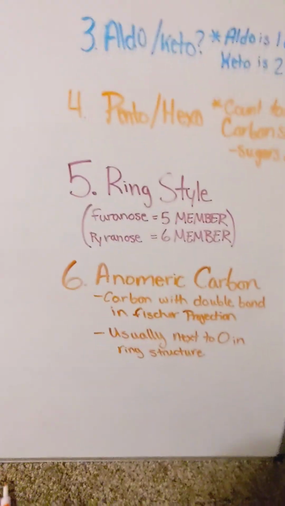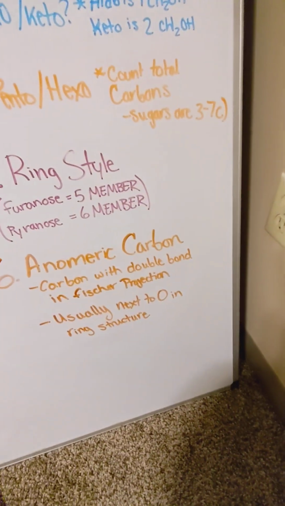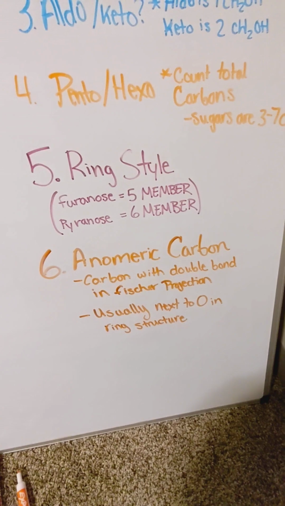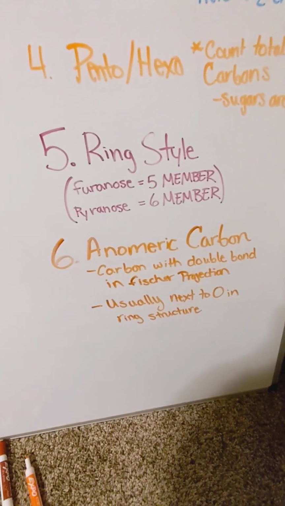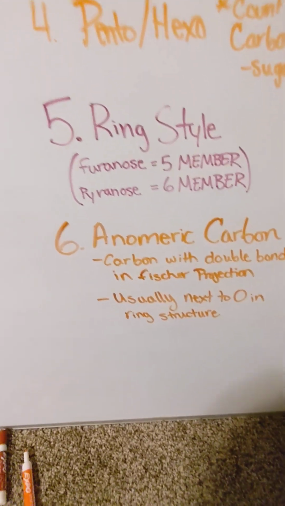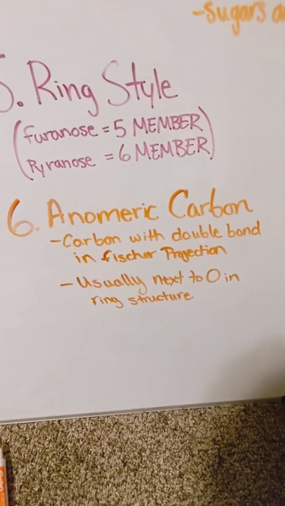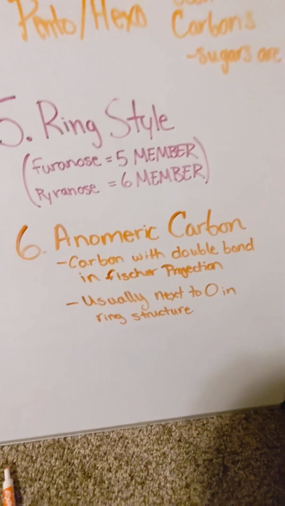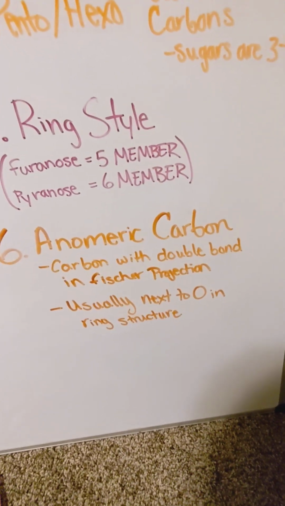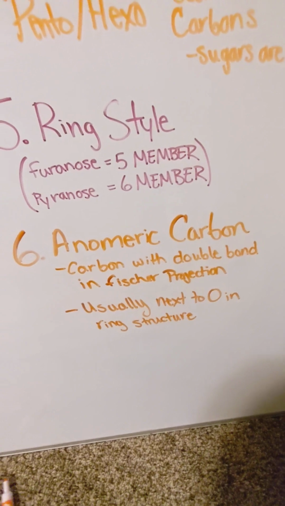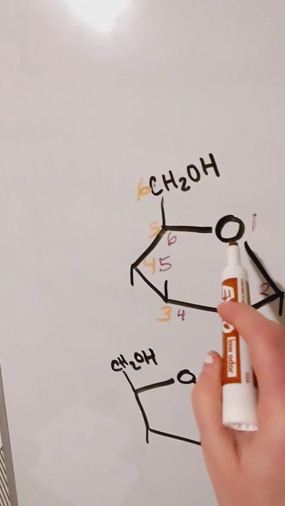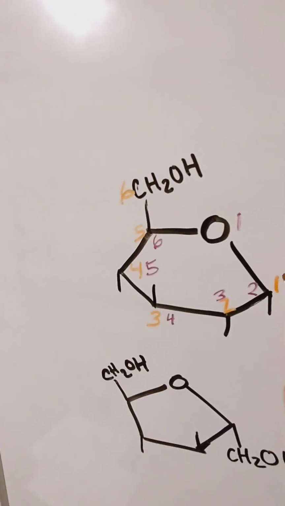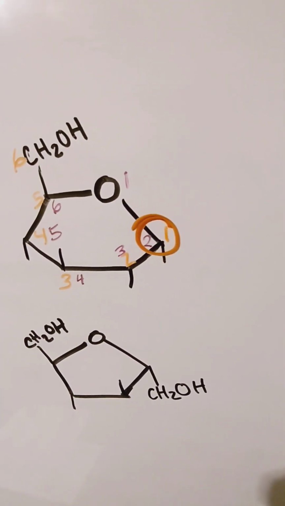Our 6th step is to determine the anomeric carbon, and this will also play into whether or not we have a sugar residue on the end. The anomeric carbon is the carbon with the double bond when we draw it in our Fischer projection, the linear one. Usually it's going to be right next to the oxygen in the ring structure. In all of the examples she has given us, the one right next to our oxygen, this right here, would be our anomeric carbon.